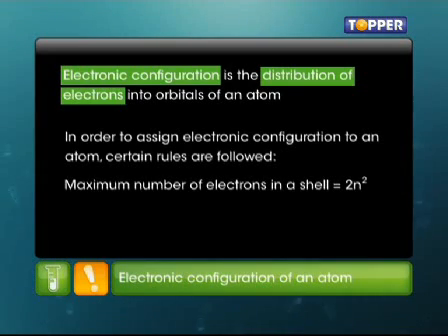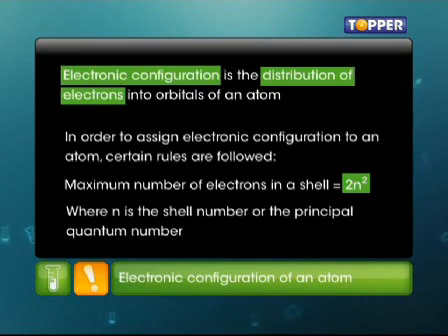First, you must know the maximum number of electrons a shell or orbit can carry. This is given by the formula 2n squared, where n is the shell number. Replacing the value of n for each successive shell, we get the following.